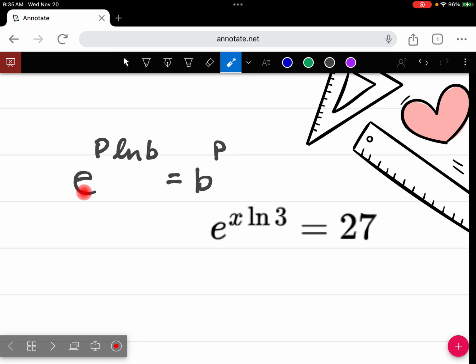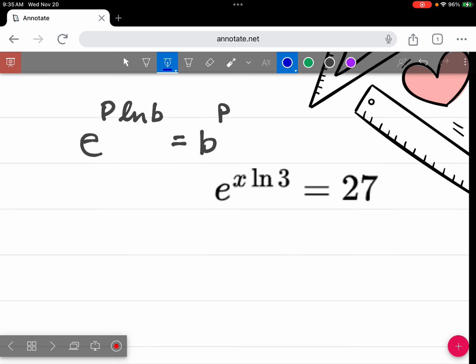Well, this guy looks like this. The E and the ln can cancel out. We just have to remember that this x is actually an exponent. So this is the same thing as 3 to the power of x that equals our 27.